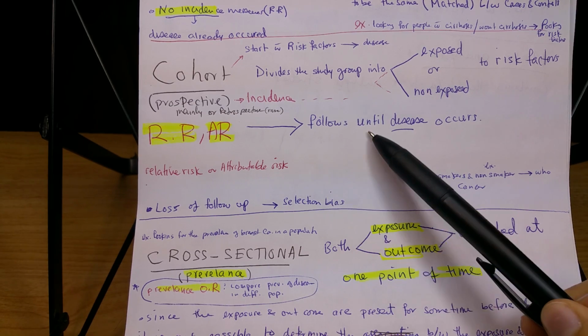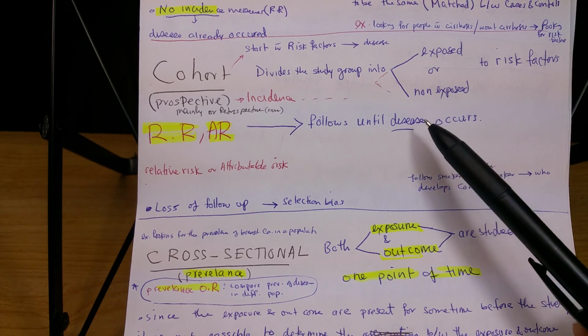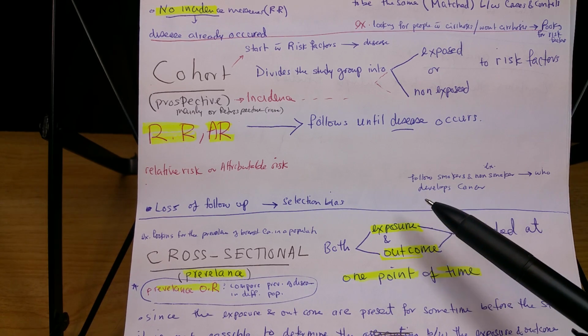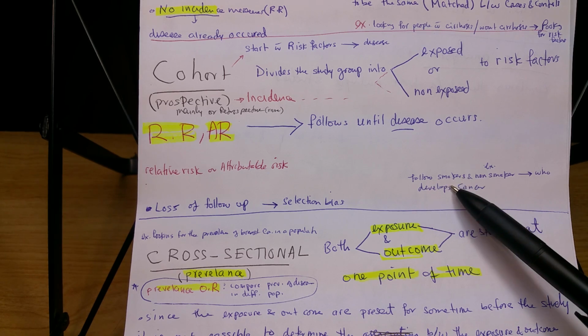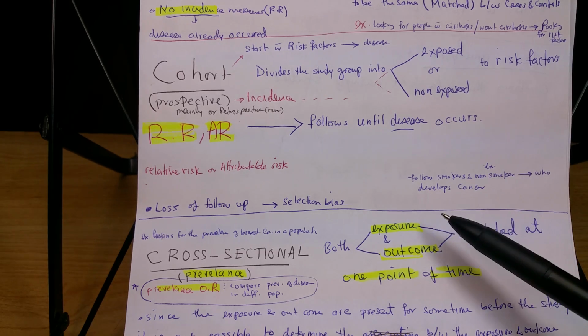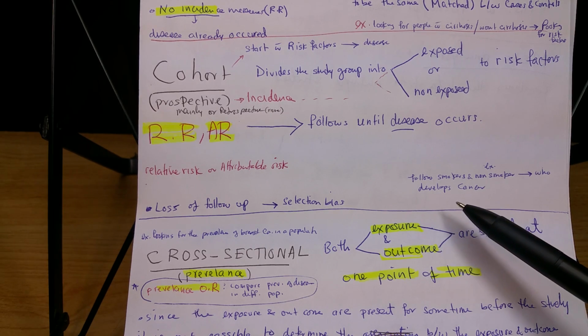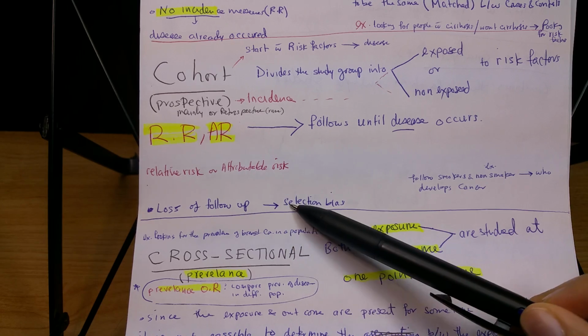So as we said, we follow until the disease occurs. An example would be following smokers and non-smokers over time to see who develops lung cancer. One of the problems is loss of follow-up.